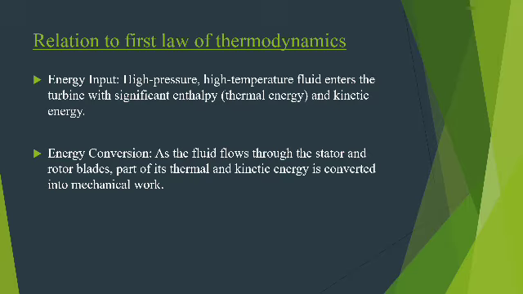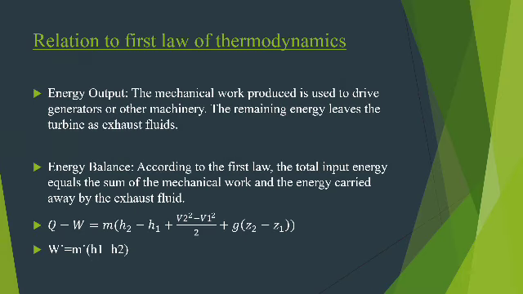As the fluid flows, the kinetic energy in the fluid is converted to kinetic rotational energy in the rotor blade, creating a torque which causes rotation and kinetic energy in the shaft. The energy of the shaft is then stored while the remaining energy leaves the turbine as exhaust.